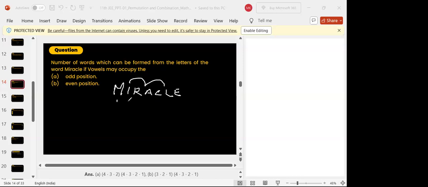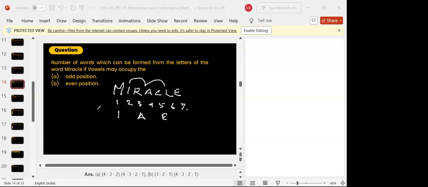Accompany the odd positions 1, 2, 3, 4, 5, 6, 7. That is 1, here I, here should be A, here should be E.